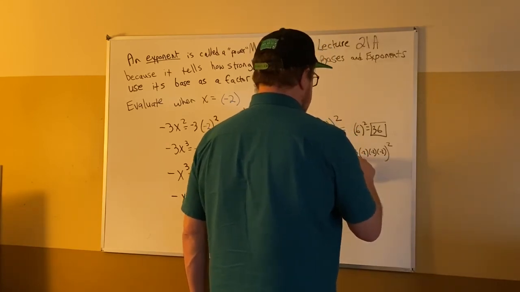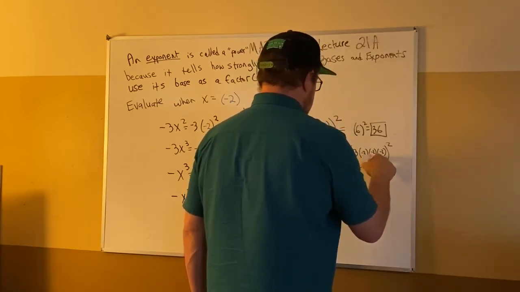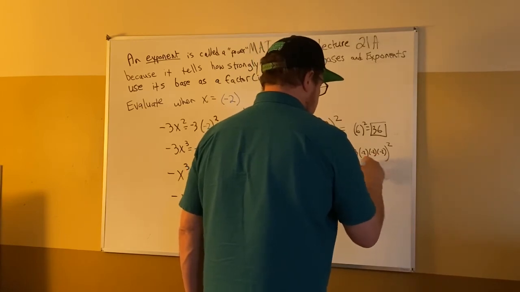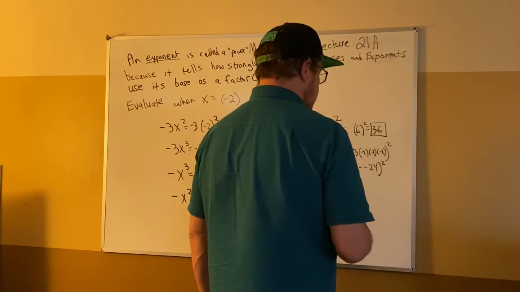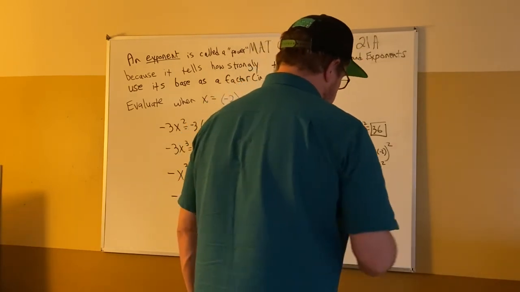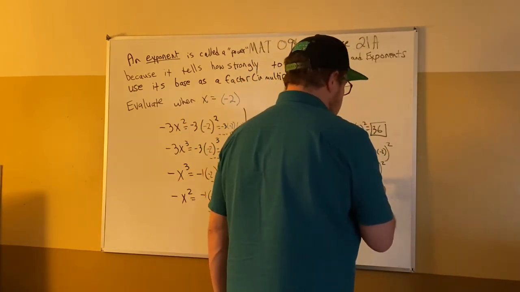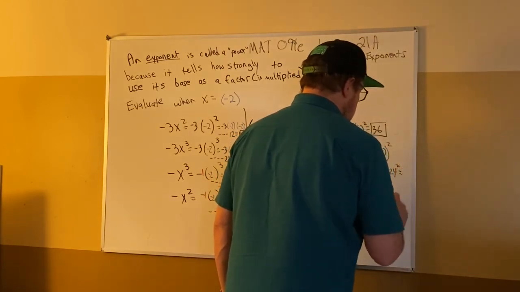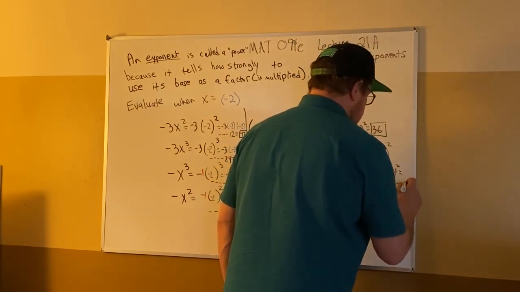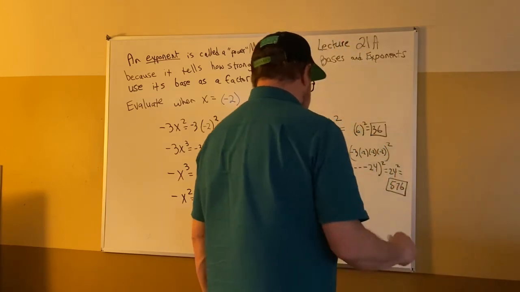See, so we got 3 2's in there. Right, 24 squared. That's positive. It's got 4 dashes. That's going to be positive. Get you 576, 24 times 24. Pretty big number.